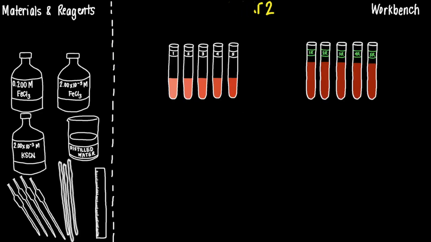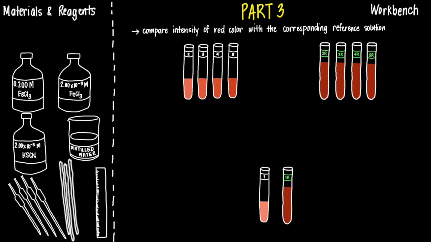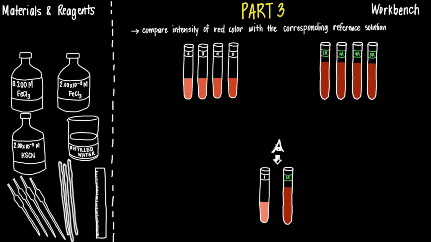Moving on, we can determine the concentration of iron 3 thiocyanate ion in test tubes 1 to 5 by comparing the intensity of the red color in these mixtures with their corresponding reference solution. Let's take test tube 1 and tube 1R. Look down both test tubes.